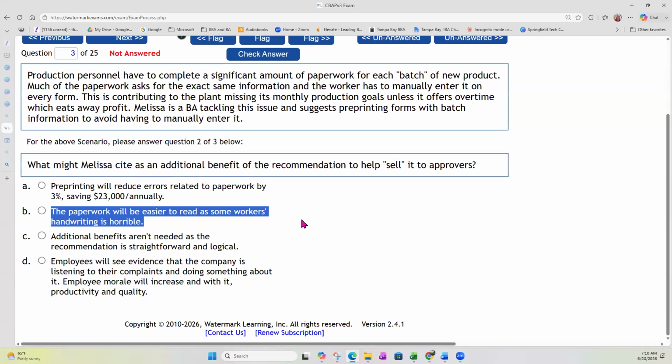I'm divided between A, Alabama, and D, Denmark. But how will the employees see the benefit and the evidence? Based on our response of the recommendation, I would lean more to A.